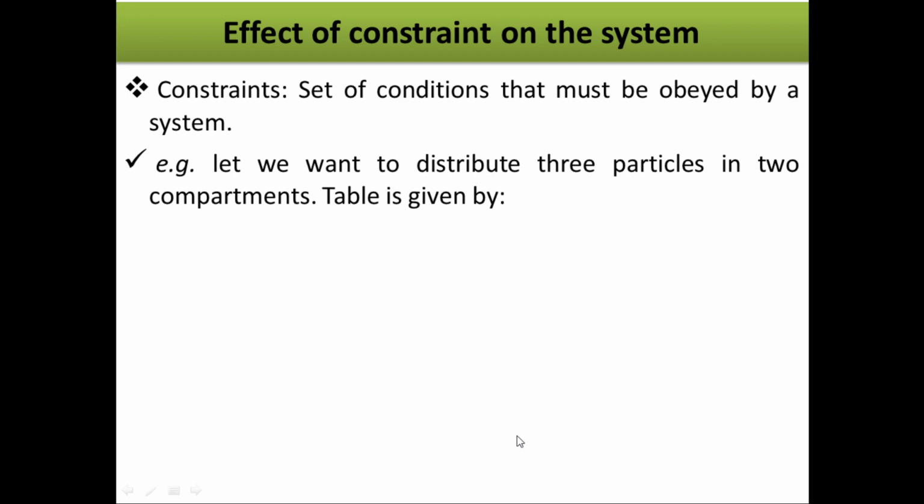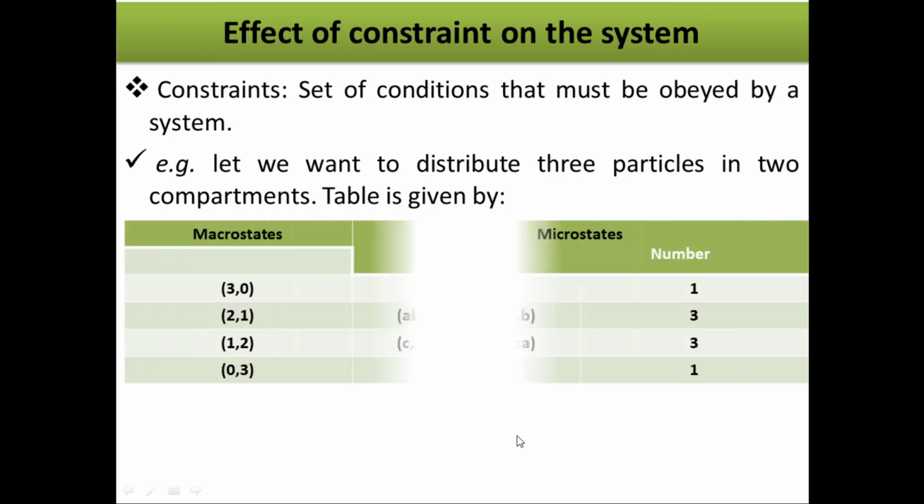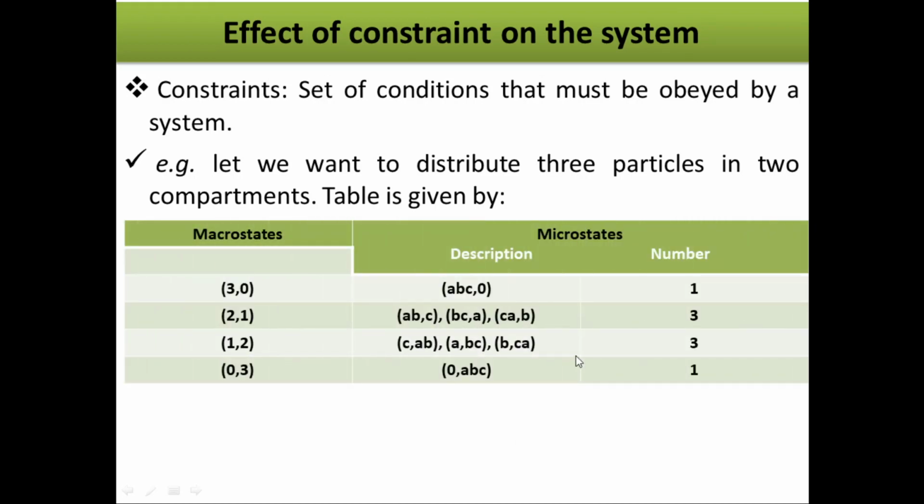For example, let us distribute 3 particles in 2 compartments, then the table is given by. Here the macrostate is 3, 0, then the microstates are A, B, C in the first compartment and the second is empty. For macrostate 2, 1, 2 particles are in the first compartment and 1 particle is in the second compartment, and the number of microstates is 3.